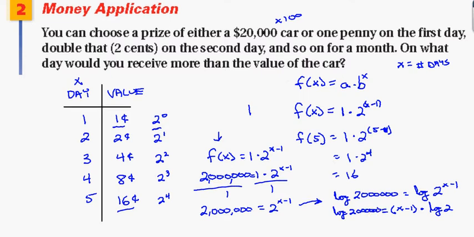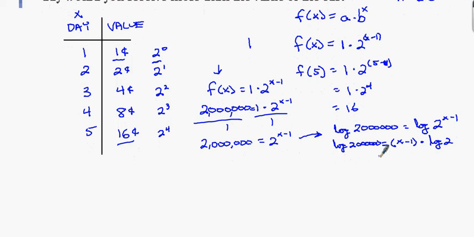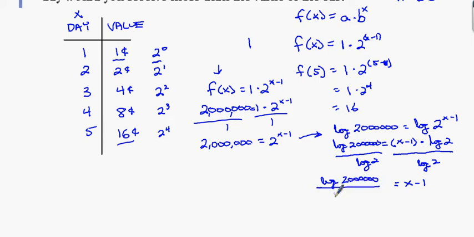And then to find x minus 1, divide both sides of the equation by log 2. So now I have x minus 1 is equal to log 2 million divided by log 2.